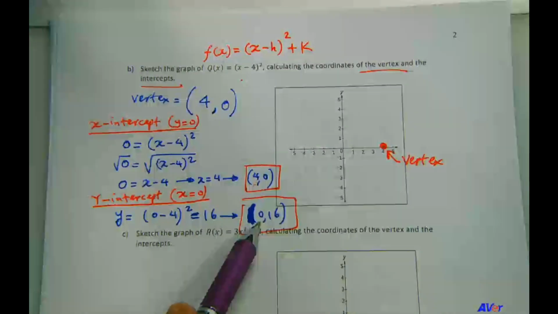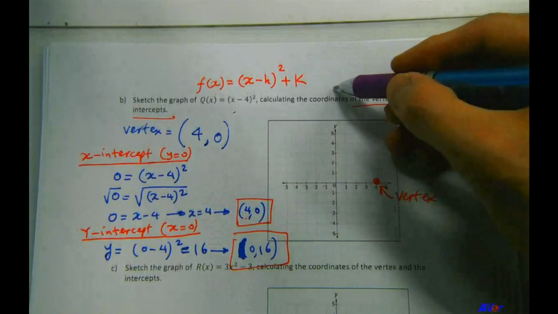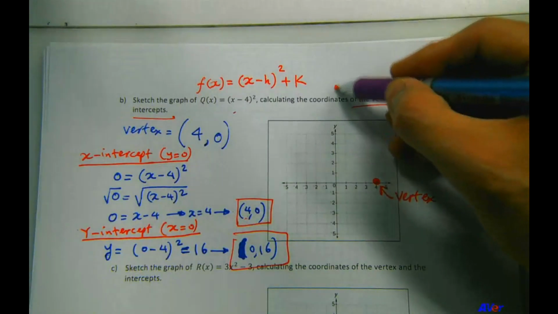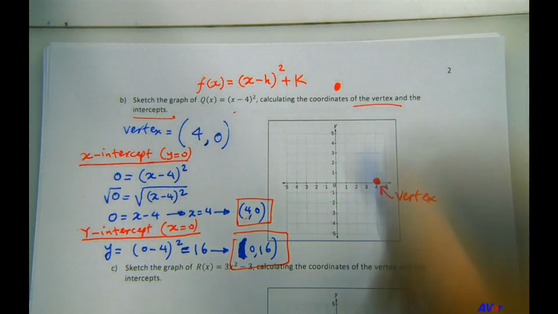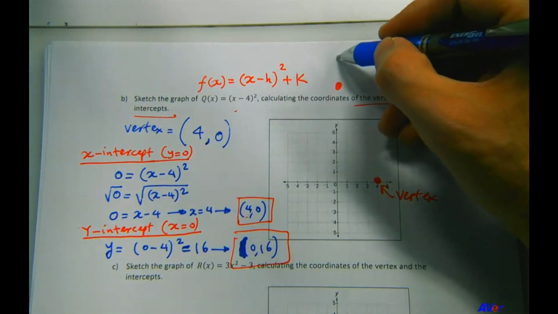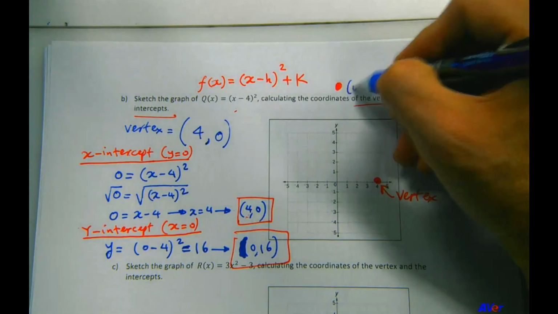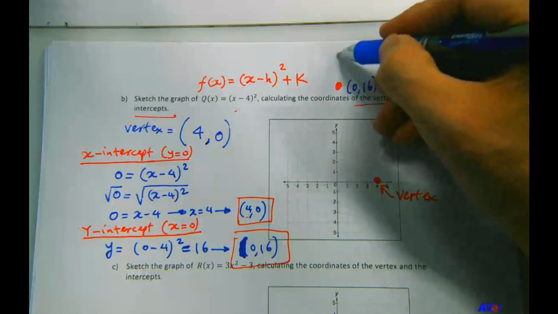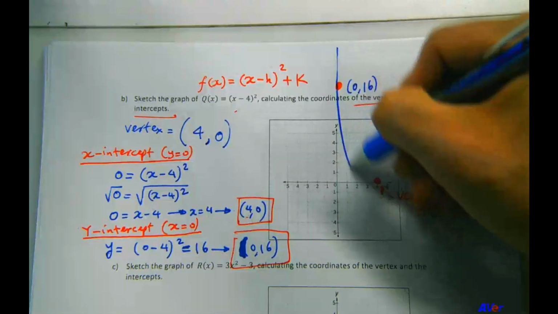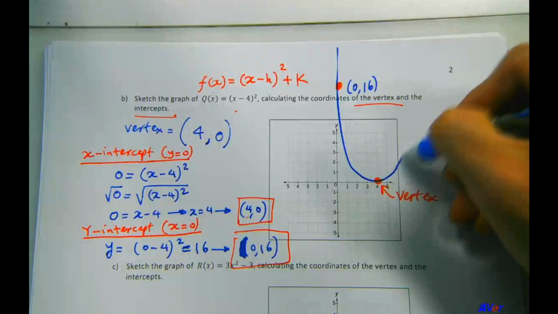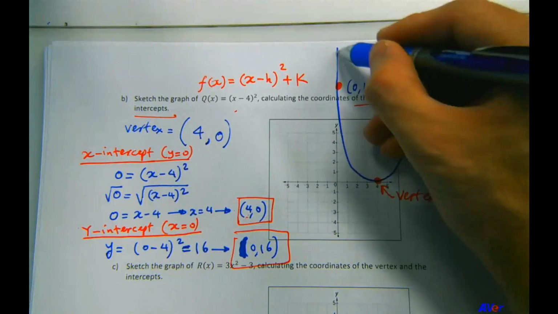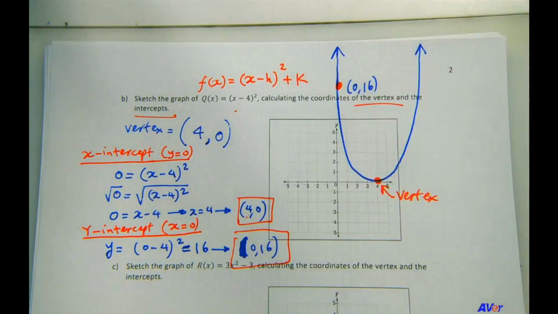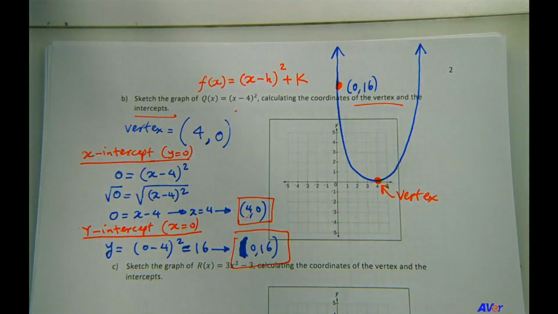Then the y-intercept at 0 comma 16 would be way up here, right? So I'm going to put an imaginary point here, and let me say that's 0 comma 16. And then this graph would look something like this, and then come up like that. Okay, so let me switch to the computer and show you a more precise graph of this.